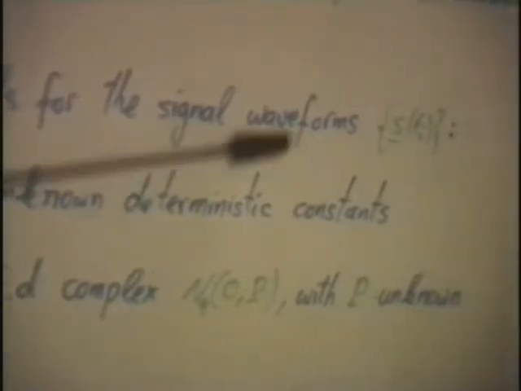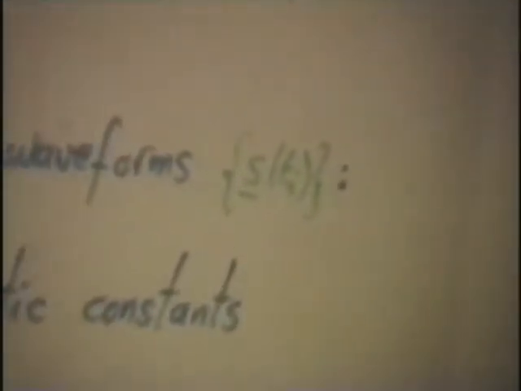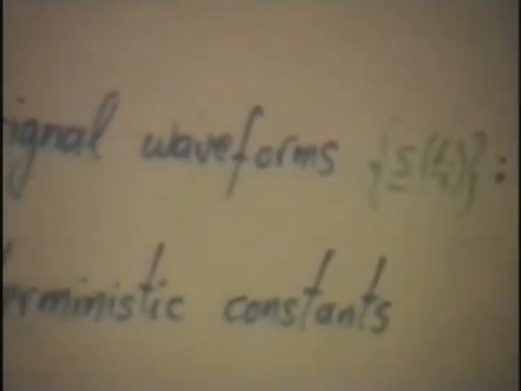In that case, you assume that the signals s(t_i), which the sources radiate, are some unknown constants. So you don't assume any probabilistic nature.